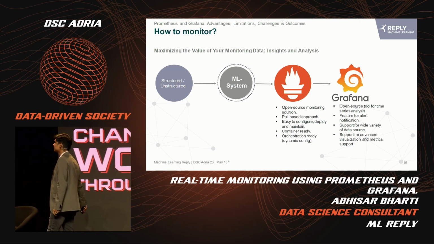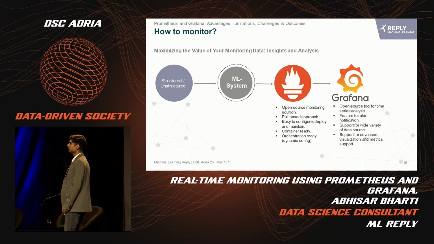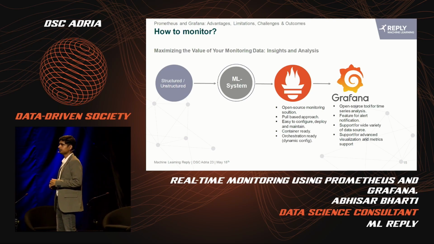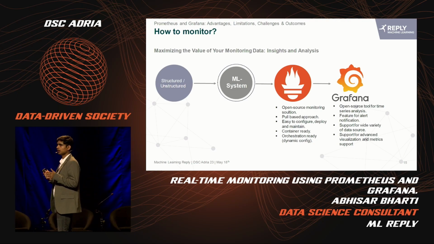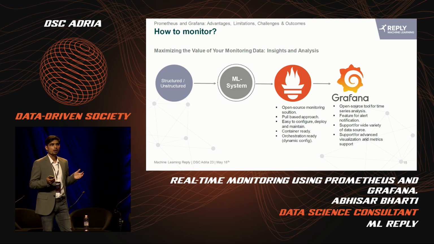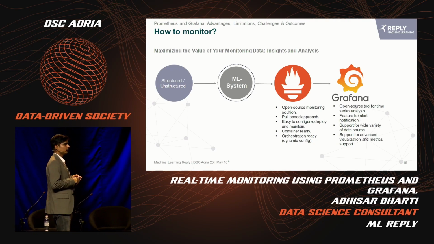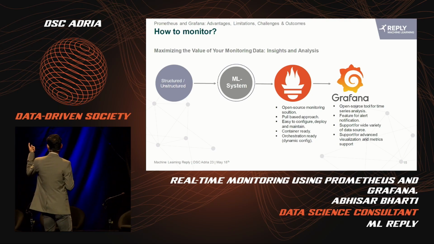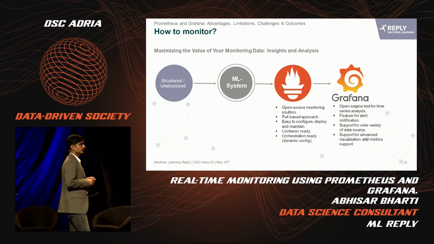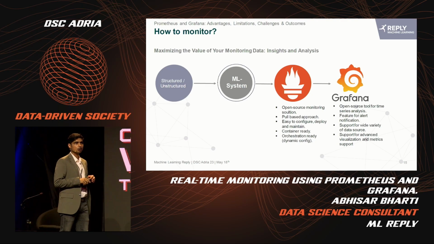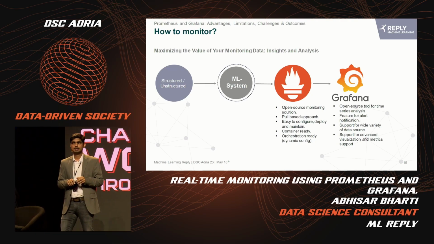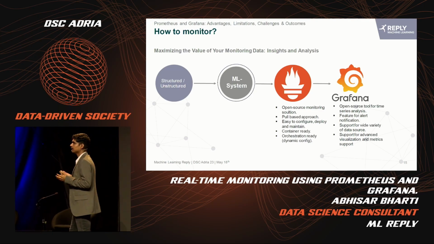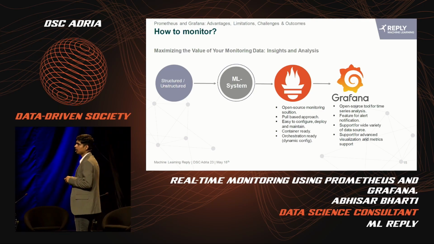Well, if you look into this diagram, this is the similar way of feeding the data to your ML system and then starting the MLOps part, where you would like to monitor. So all the metrics that we have seen so far will be exposed using the ML system. And Prometheus, which is an open source tool for monitoring, I really like it just because it gives you more flexibility of working in an operational setup.